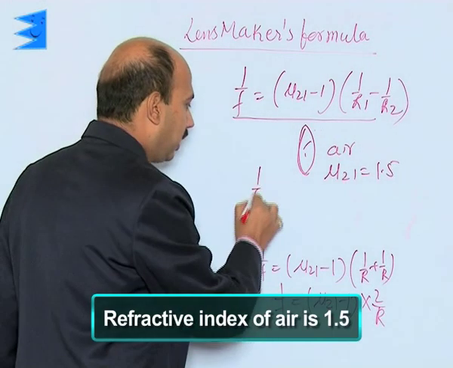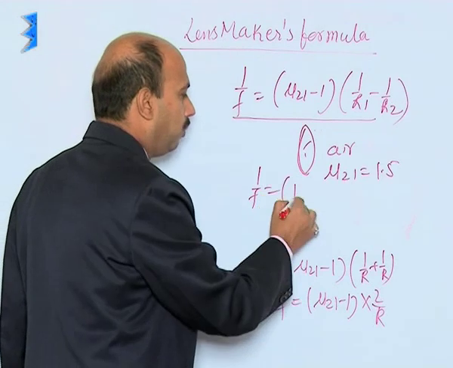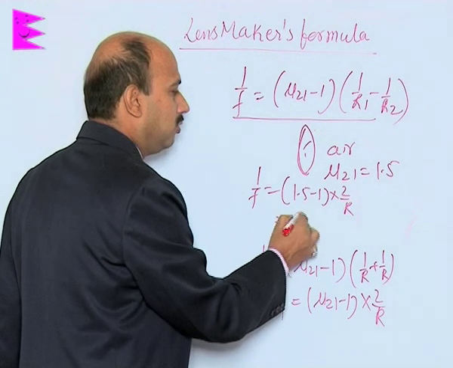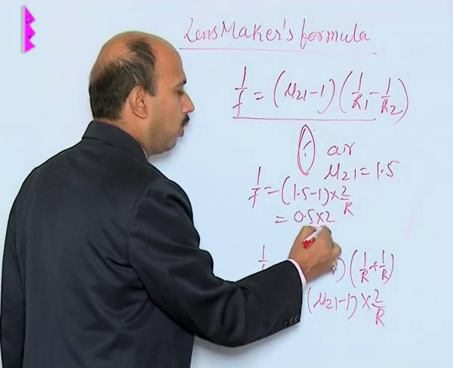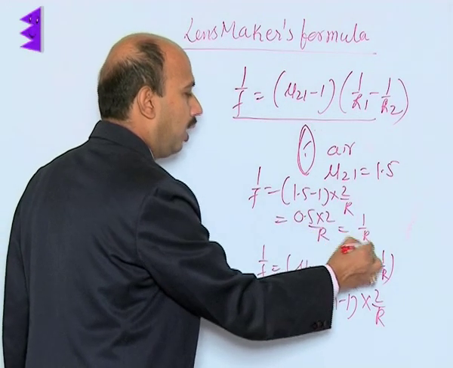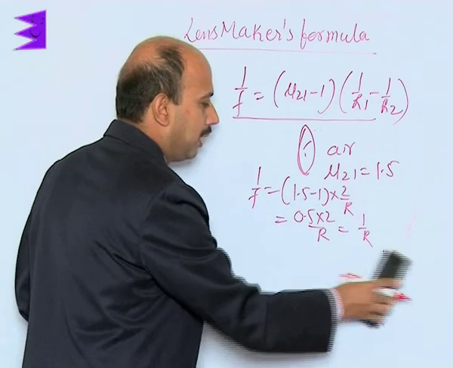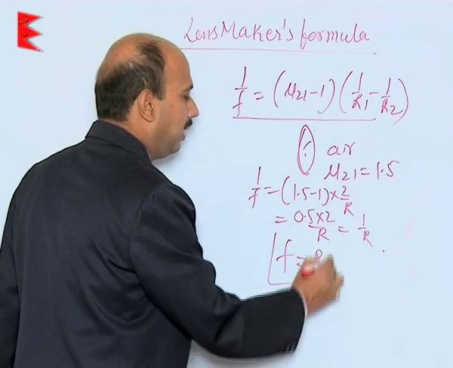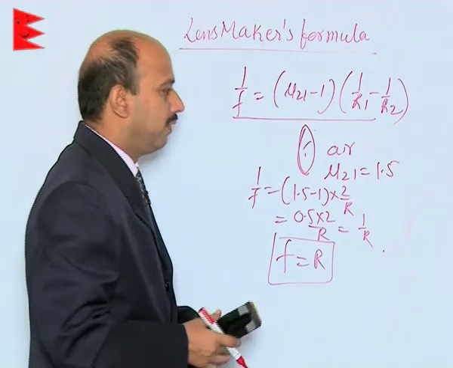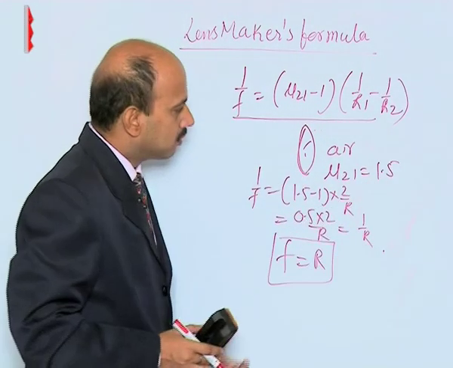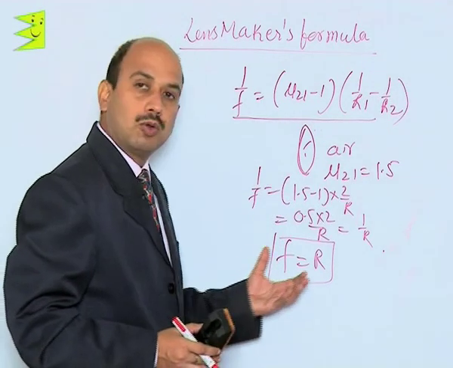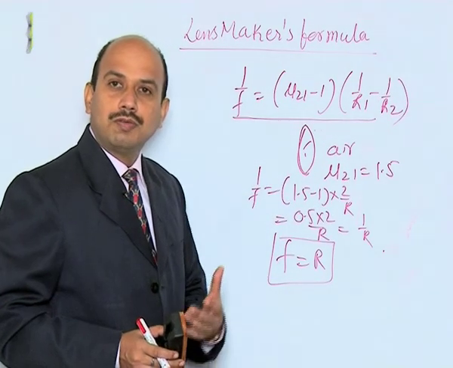So, the formula will become 1 upon F is equal to (1.5 minus 1) into 2 upon R. So, that is 0.5 into 2 upon R, that is 1 upon R. So, here it can be written F is equal to R. So, if the lens is made of glass whose refractive index is 1.5 and both the surfaces have the same radii, then the focal length comes out to be equal to the radius of curvature.